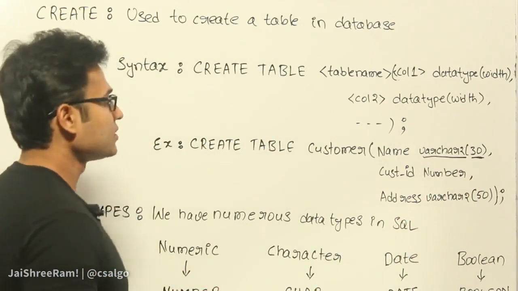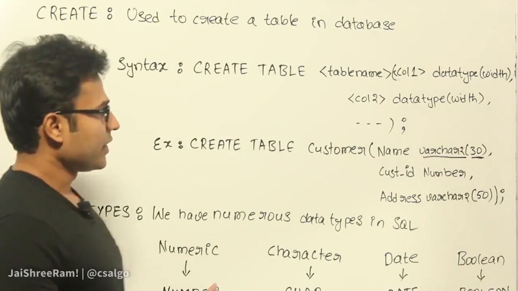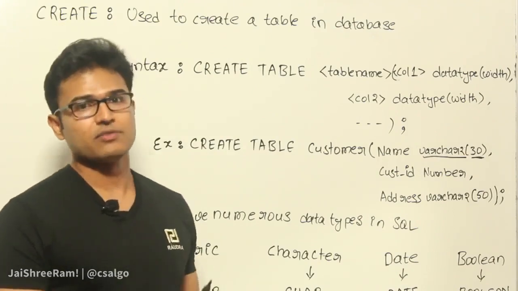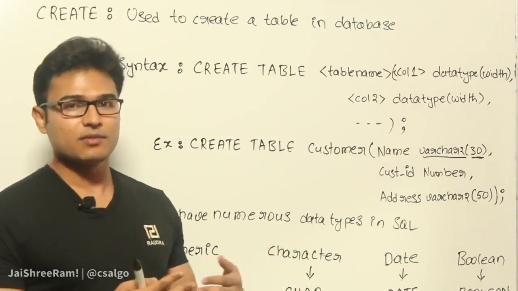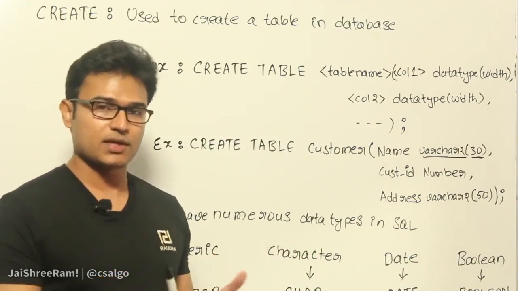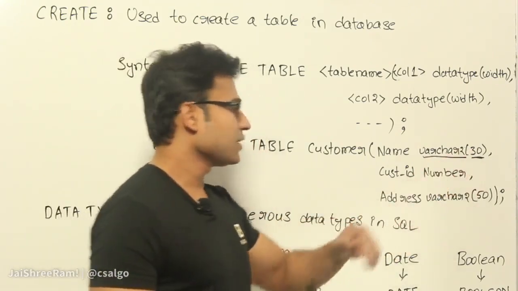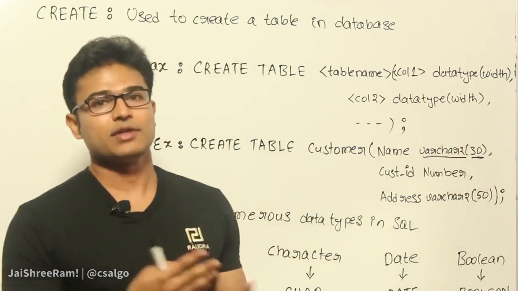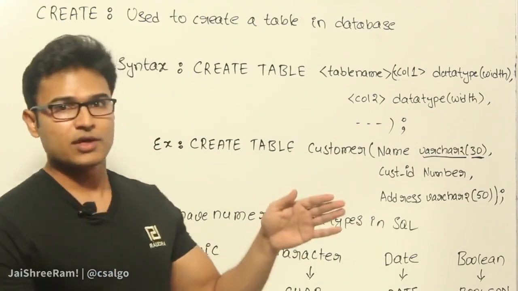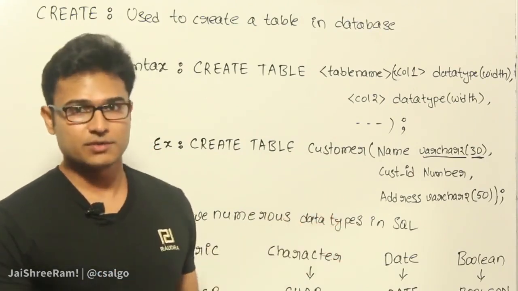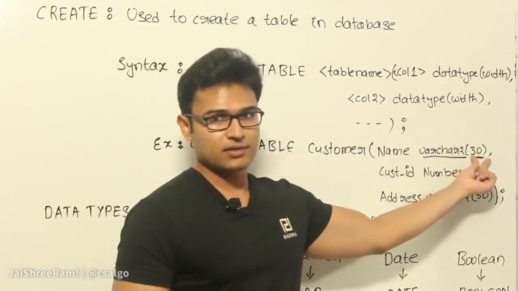Now by writing this way, we can specify how much space that we should be allocating for this particular field. When you're trying to implement this database, every table is a kind of structure. In a structure you have to allocate space for every field. Now by writing like this, you will be sure that you don't need more than 30 characters. So it is always better that you give the width, so that creating of table will be effective in terms of the space. You are not going to dedicate more than 30 characters for any name.